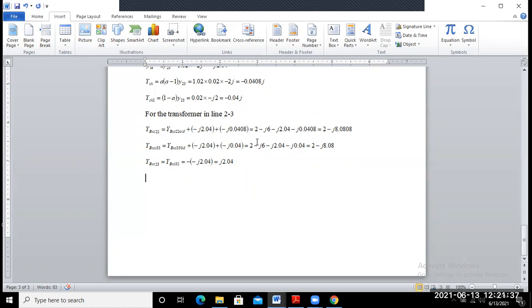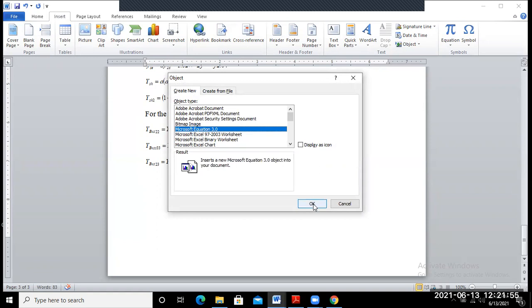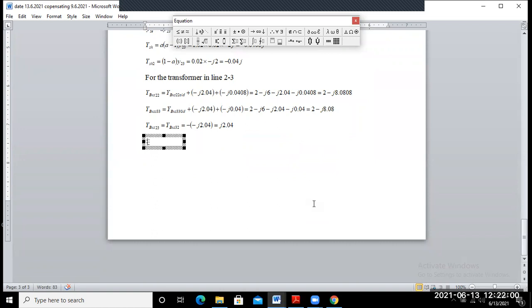This is the exact Y bus matrix for this particular problem. In it, Y11 stays the same as the previous one; the only changes are Y bus 22, Y bus 33, Y bus 23 and Y bus 32.